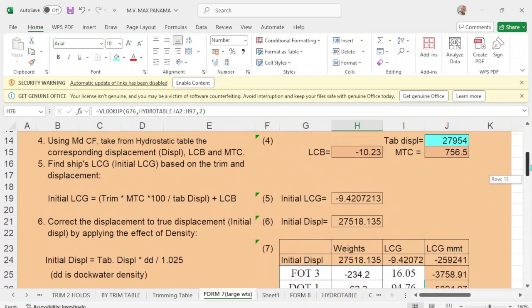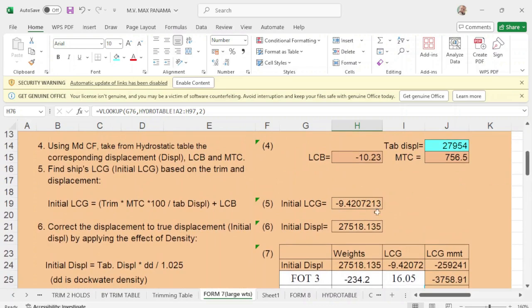Since we already have the initial displacement, just put it here. The initial LCG is negative 942,072. Multiply weights by LCG, this will be the LCG moment.